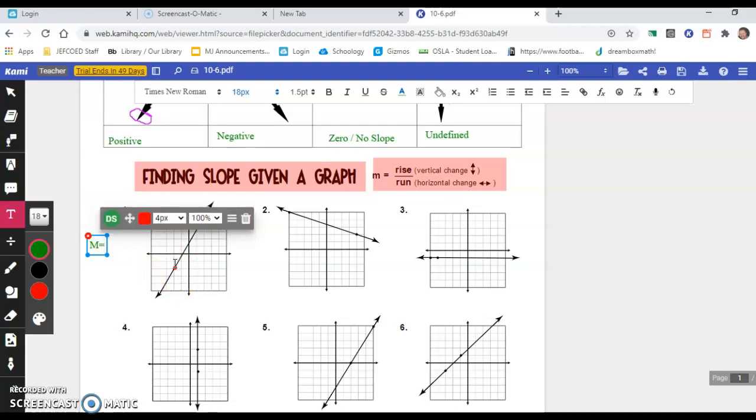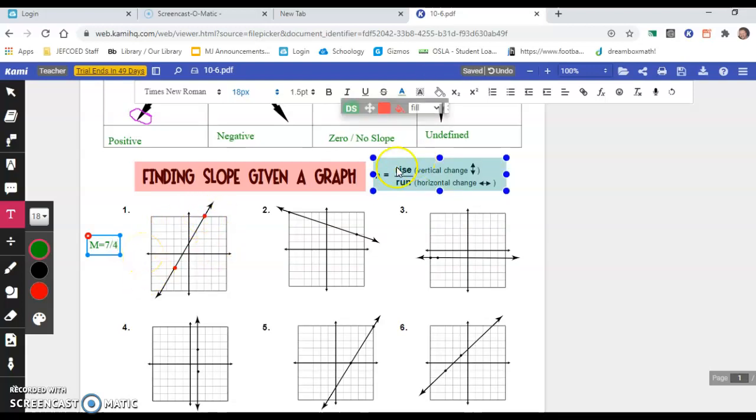If you're looking, it's 1, 2, 3, 4, 5, 6, and 7. So that would be 7. And then the horizontal change would be 1, 2, 3, and 4. So the slope would be 7 over 4.